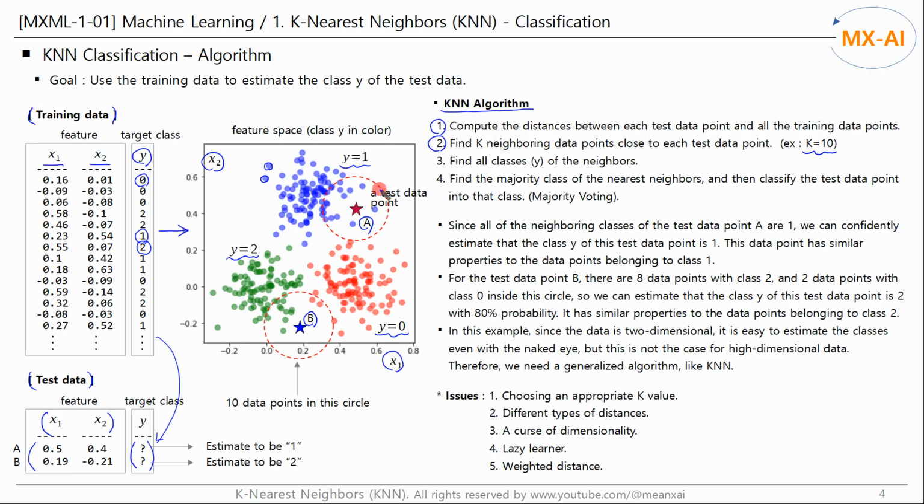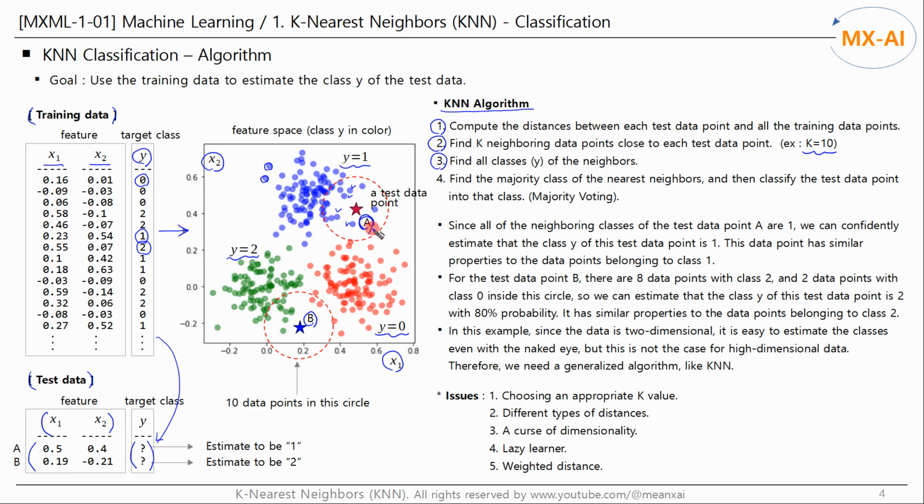Let's draw a circle like this around each test data point so that it contains 10 training data points. This circle contains 10 data points like this. These are the closest neighbors to this test data point. In the third step, we use the training data to find classes of these 10 neighbors.